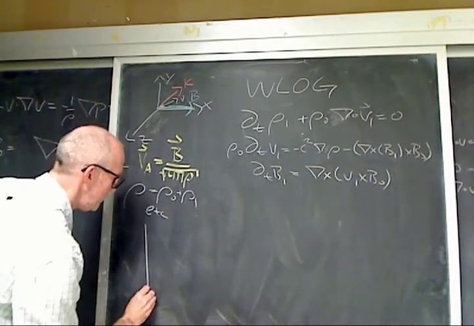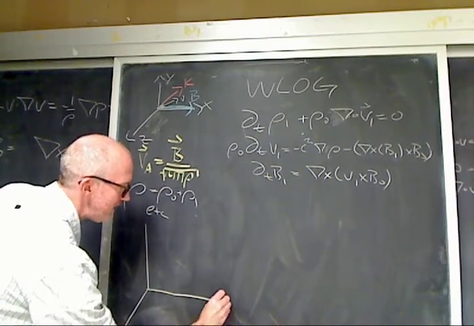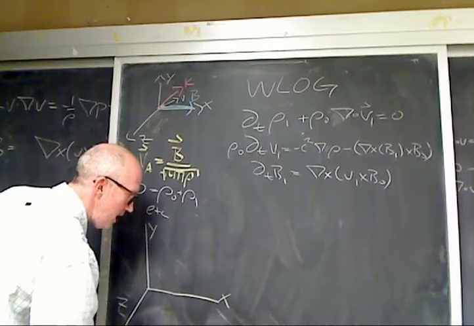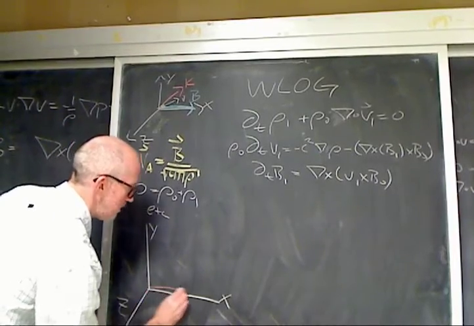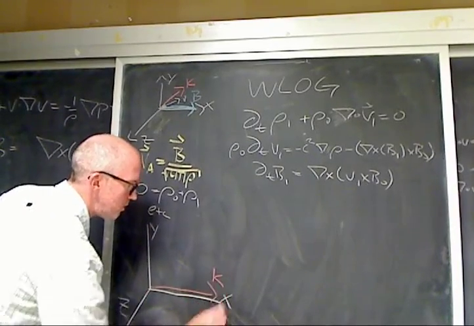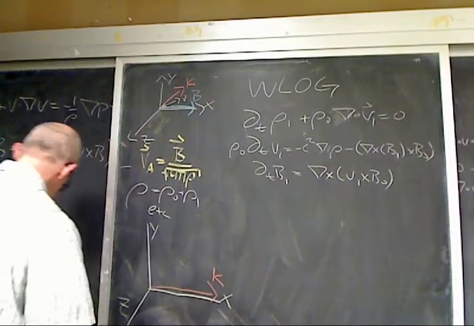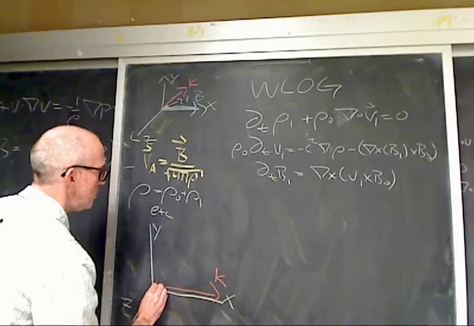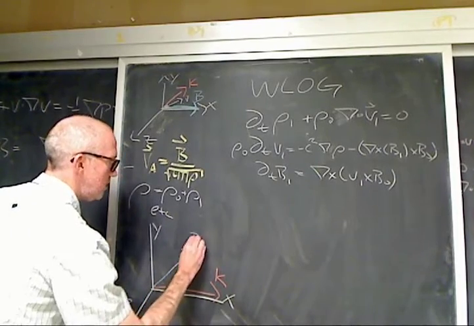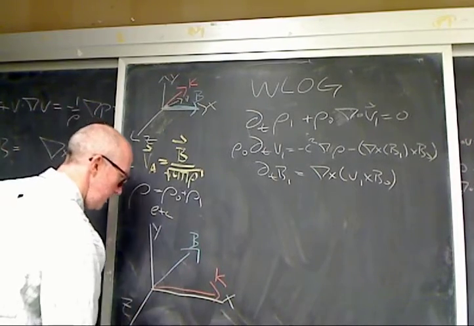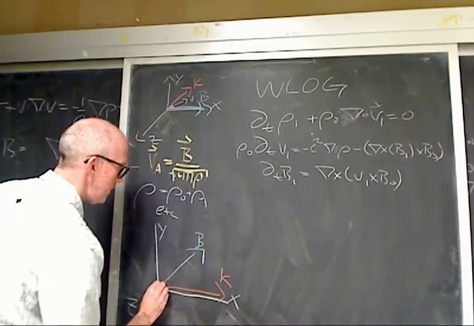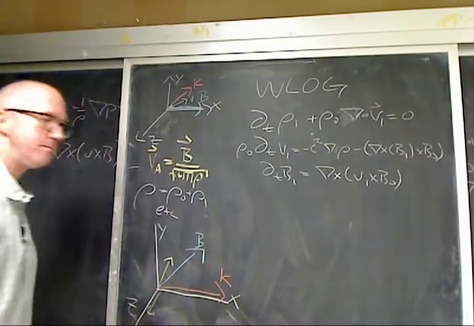So instead now, same coordinate system, x, y, z, but now I'm lining my wave vector up with x. My magnetic field is now in the xy plane, and then the velocity is again either perpendicular to that plane or in that plane.